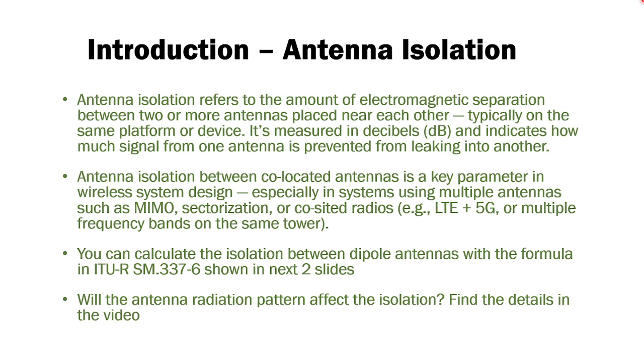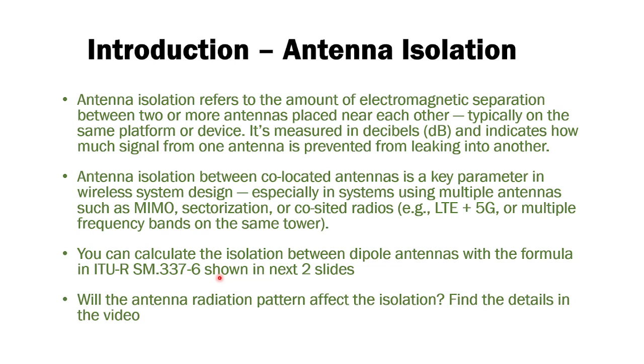Antenna isolation is a critical parameter for a lot of wireless systems. You can calculate the antenna isolation between dipole antennas with the formula in ITU-R SM.337-6. This formula we are showing in the next two slides.